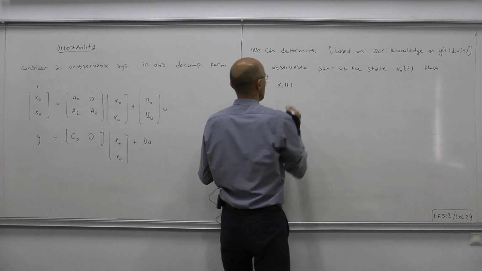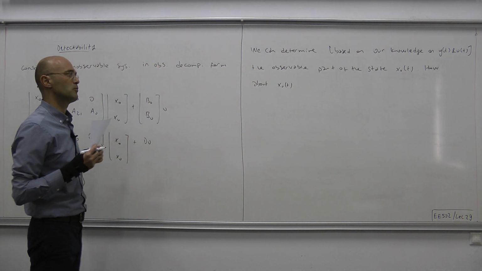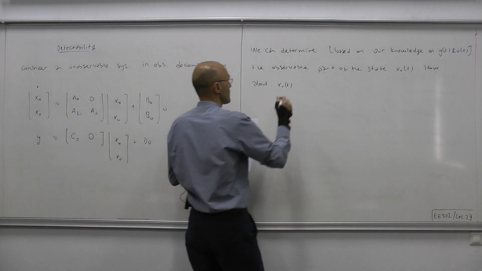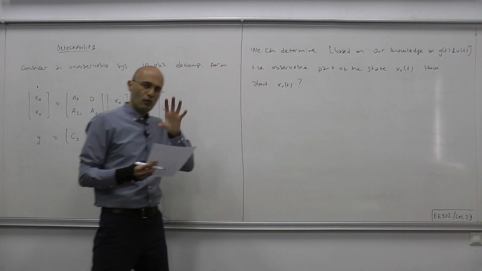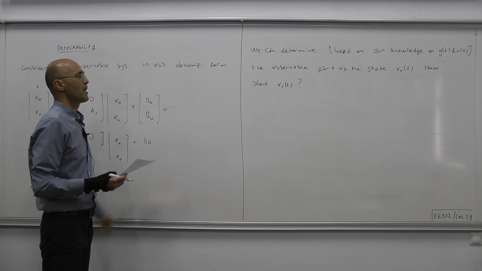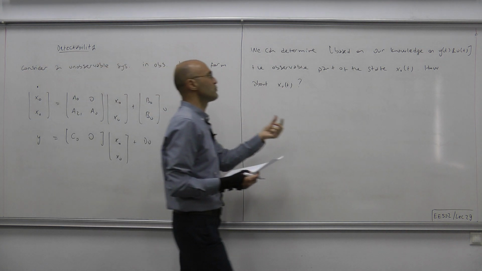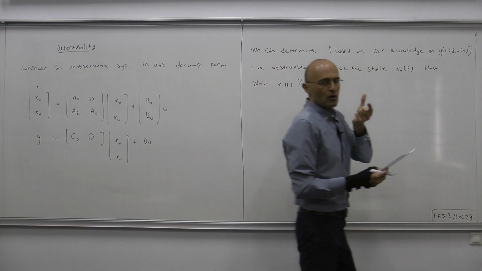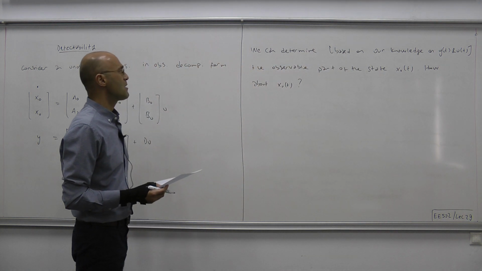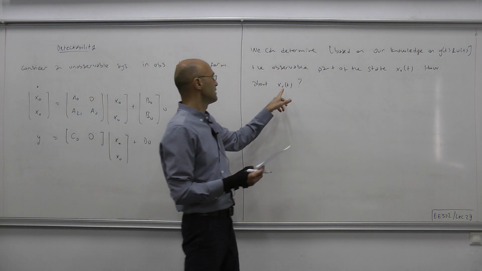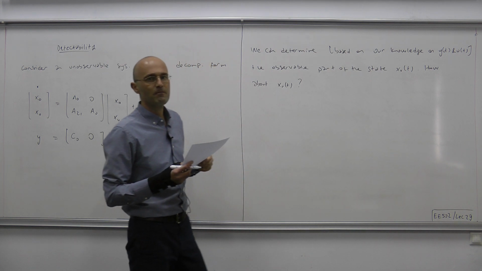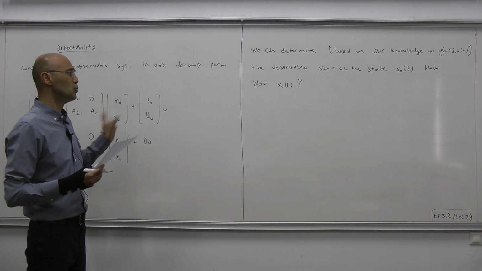Now, how about the part of the state corresponding to the unobservable dynamics? Again, from the very definition of observability, by observing input and output throughout some interval of time, we cannot exactly determine what xu of t is.